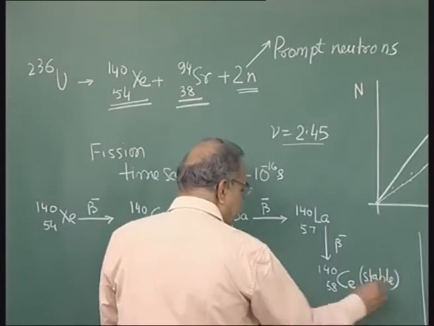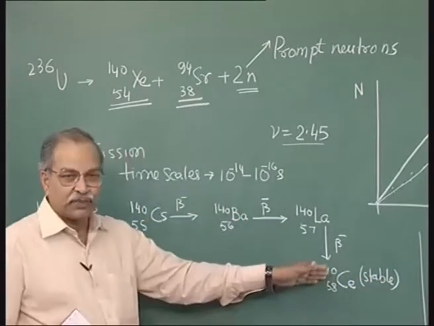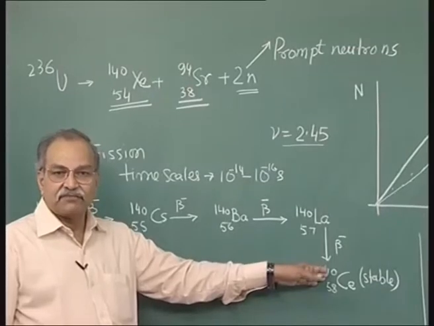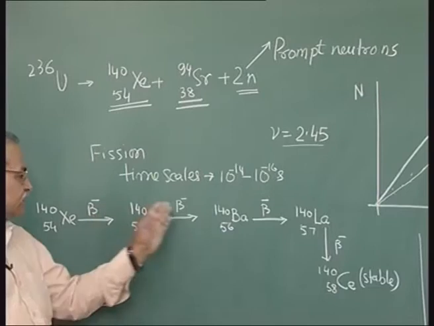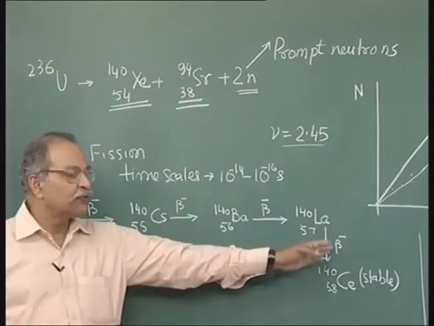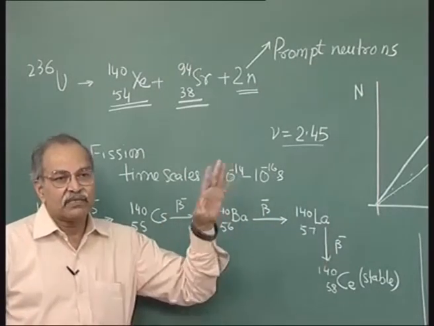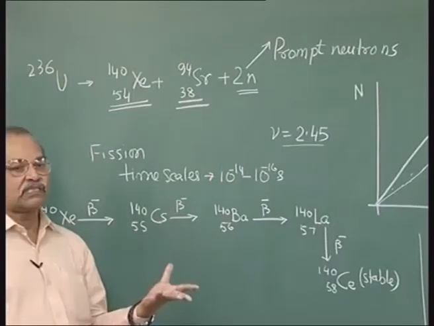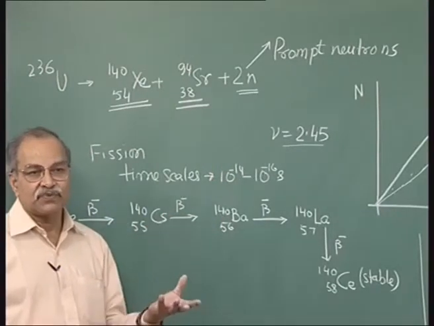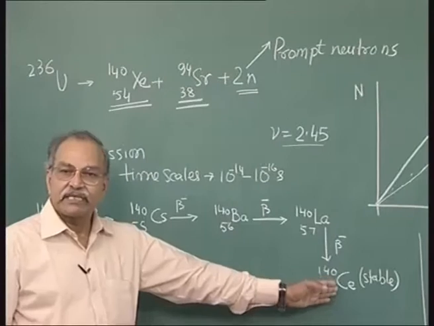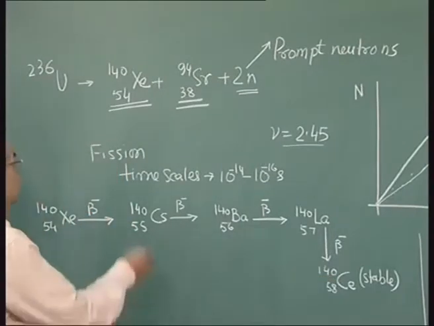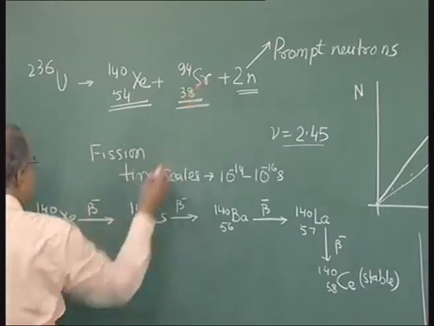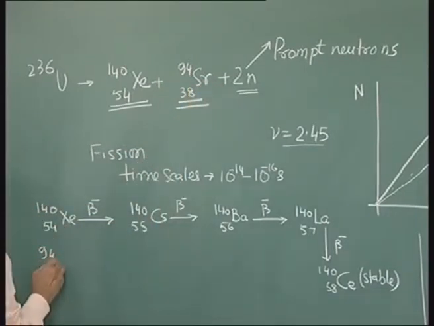So, now n by z ratio has come to that valley of stability. So, you have one beta decay here, another beta decay here, third beta decay and 4th beta decay. 4 beta particles are emitted, 4 neutrons are converted into protons one by one and then you get this stable final thing. The other element here, 94 strontium, that is also radioactive.